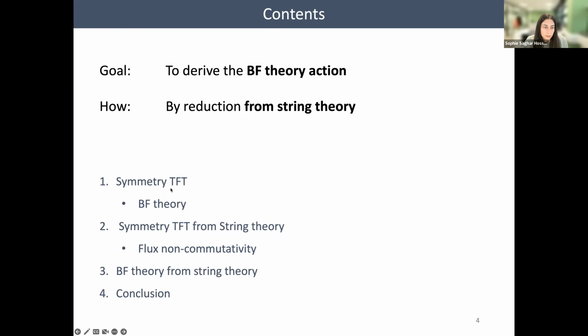So I will first introduce the BF theory, and then I will talk about how we can see the so-called symmetry TFT from string theory, which I will introduce in a second. And I will go in the last part to derive the actual BF theory from a string theory.